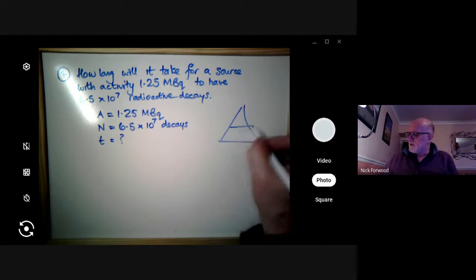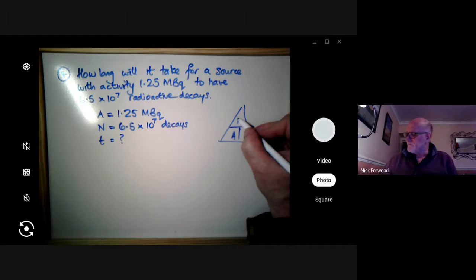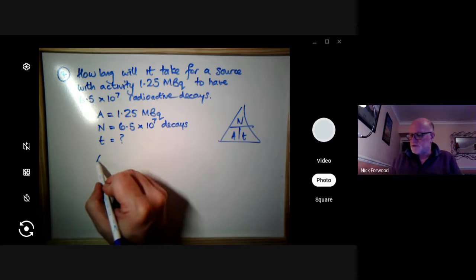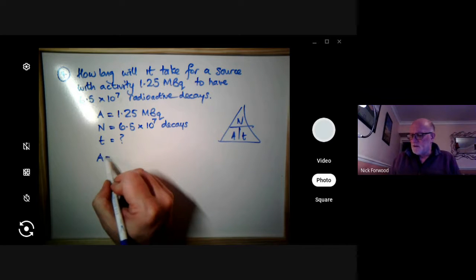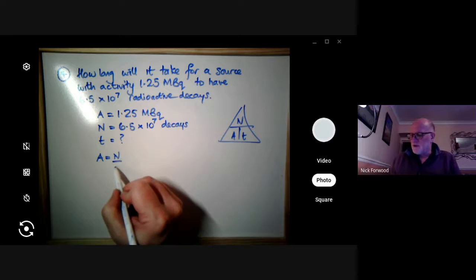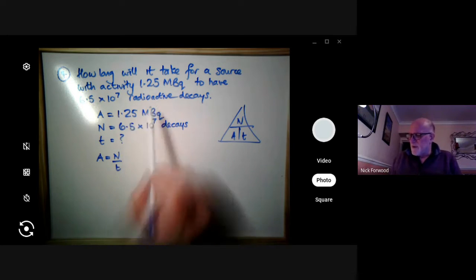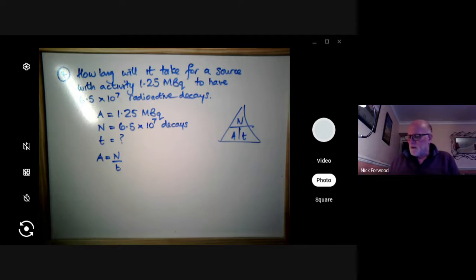Okay, and I've got my triangle again. And it's usually a good idea to start with the formula that you get from the formula sheet, which is A is N divided by t. Now, we can't put in these numbers like mega into our calculator unless we do the prefixes bit.